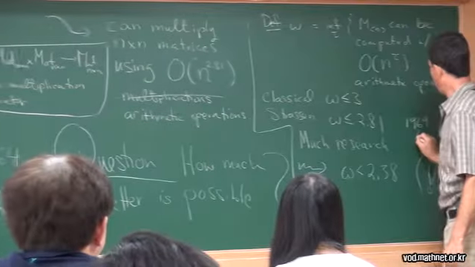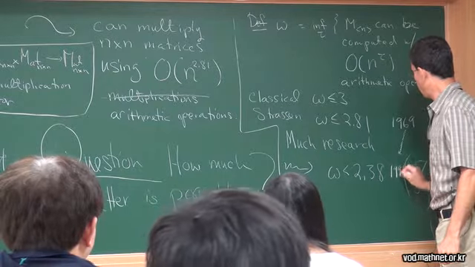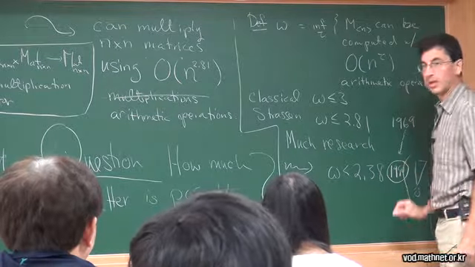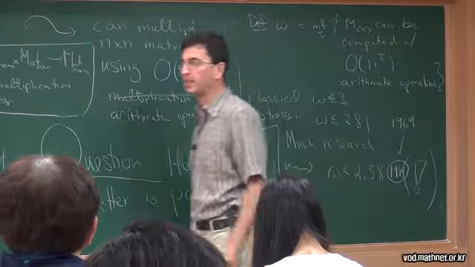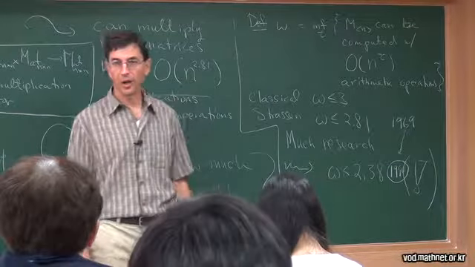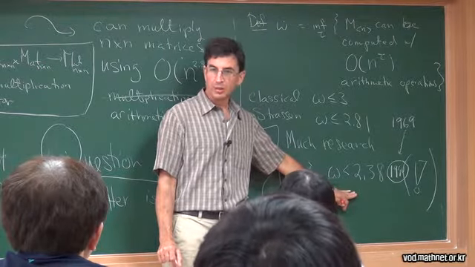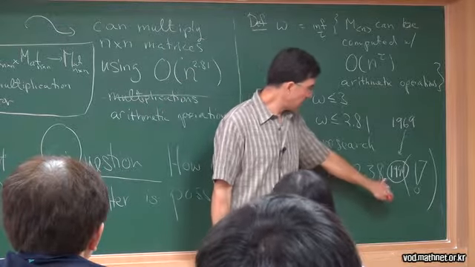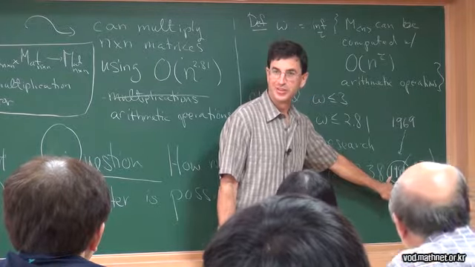in 1969, and there was steady progress, which I'll discuss. And this was in 1990. And many people since 1990 have worked very, very hard to lower this number. Two years ago, there was some success in that this fourth digit was changed.